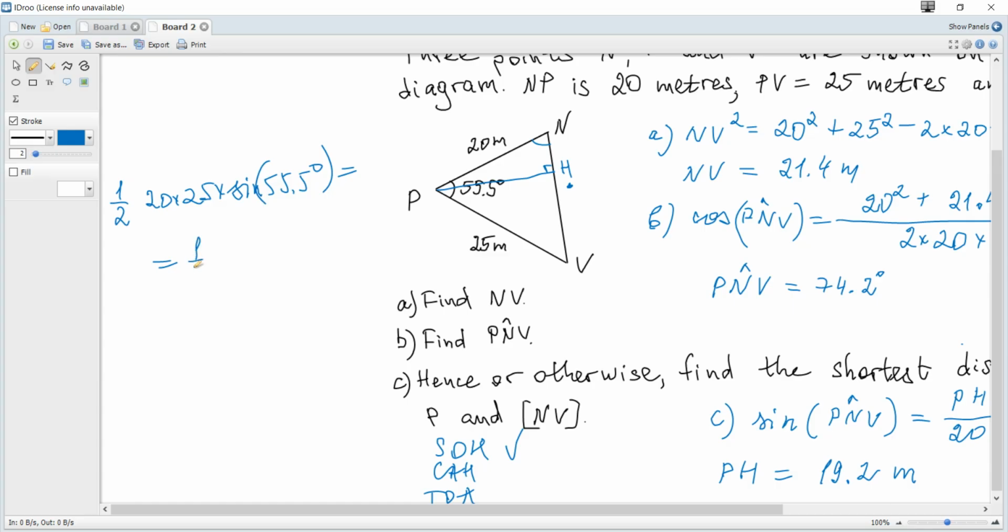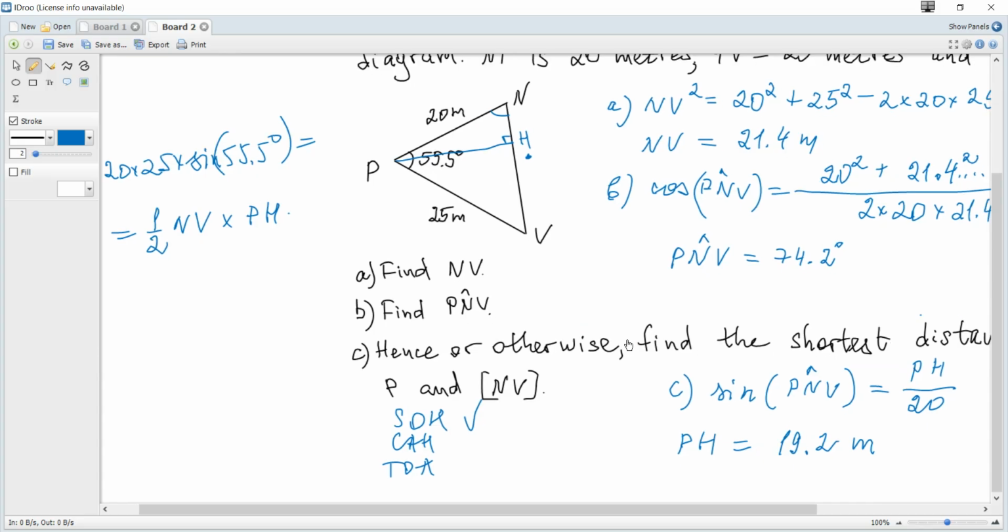It's also equal to half times NV times PH, and NV is found, and you can solve for PH. In general, this method also can be applied.